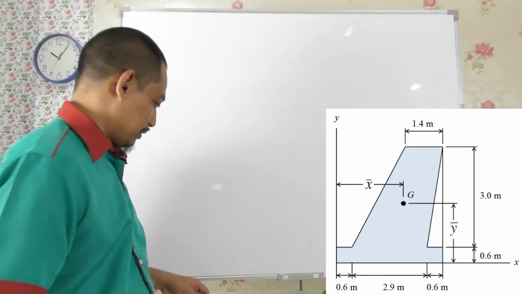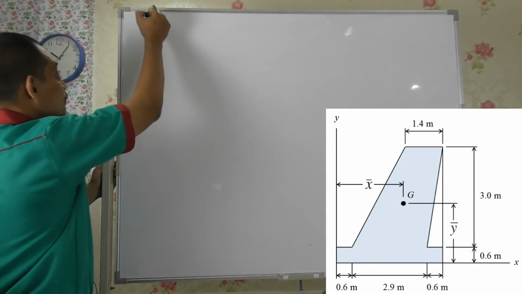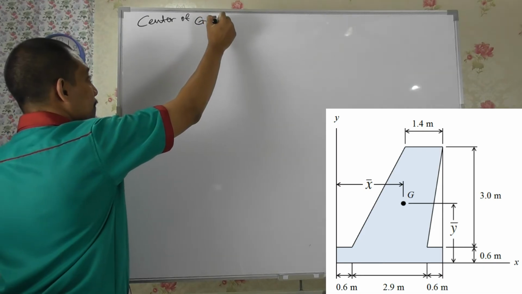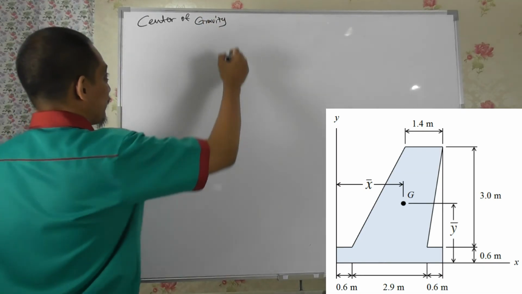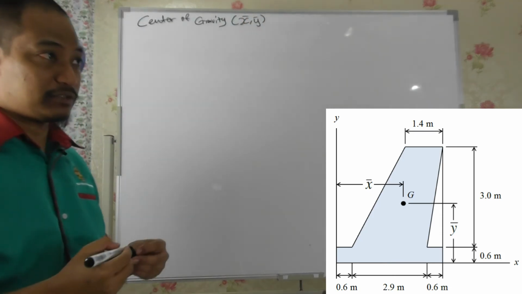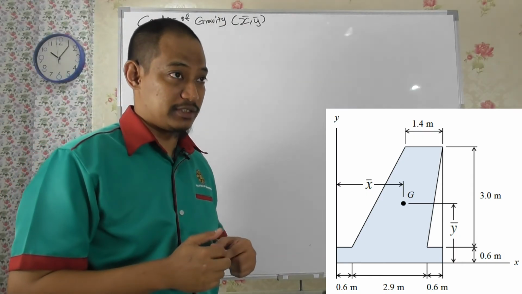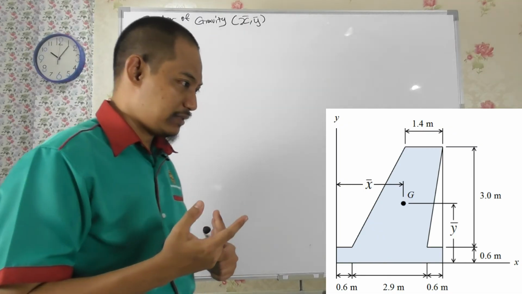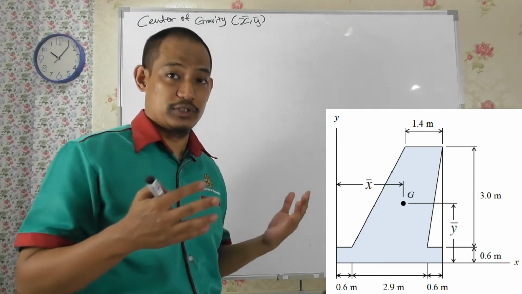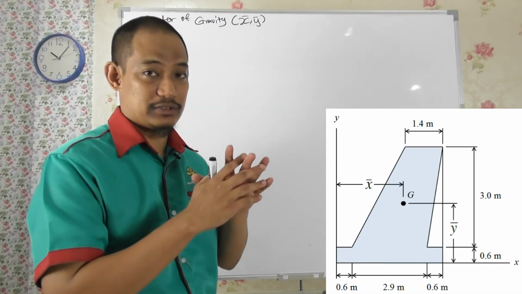All right. So what we need is the center of gravity, is it? So x bar, y bar, because this is 2D. But for center of gravity, if you go to the equation, it is basically using weight, right? But in this question, because it says that the whole thing is made of concrete, it's homogeneous, meaning we can say that there's no difference of density throughout.